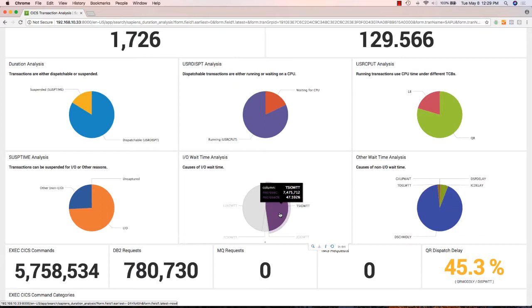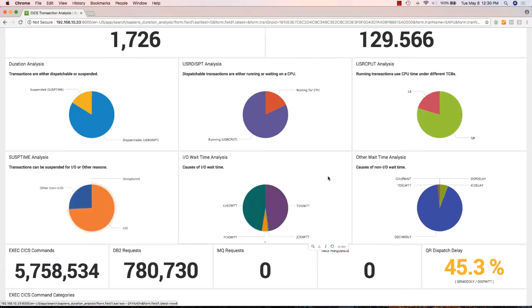This value called TSIO WTT, the labels are a bit geekish, but what that is saying is that's the wait time related to doing TSQ operations. And sure enough, this application, once we looked at it, does an extremely high volume of TSQ operations.